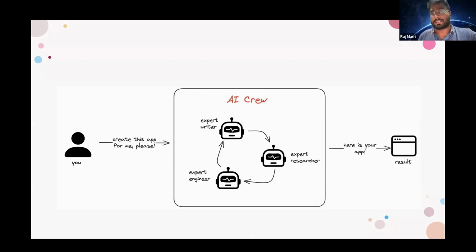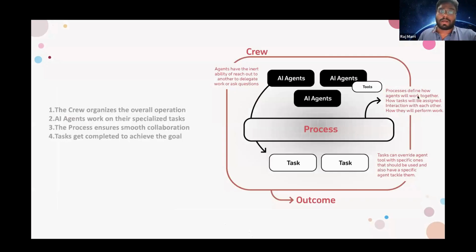Similarly, we're creating a crew like this, emulating the same pattern by creating a hierarchical pattern. There are different patterns too, but we're not going too deep into those patterns. As of now, it's just a generic overview of how it works.